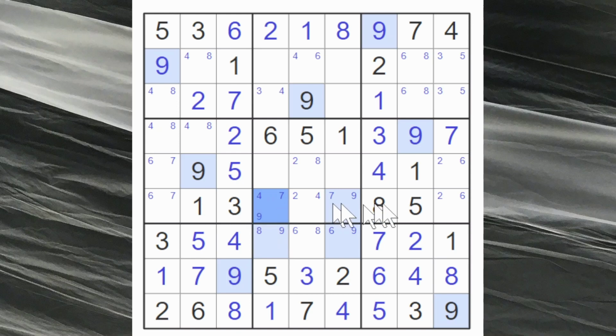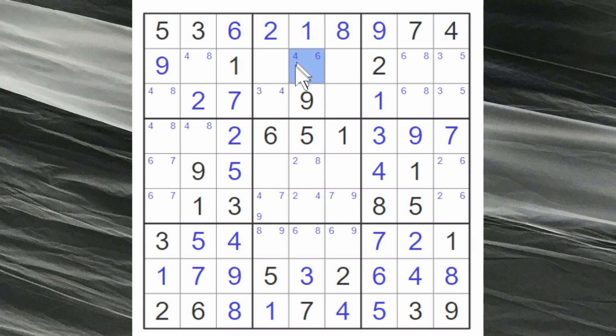So now we have all the pencil marks for this row here. And just to be on the safe side, I don't want to mess this up any more than I have to, but I'm still looking at the 4 and the 6s here.